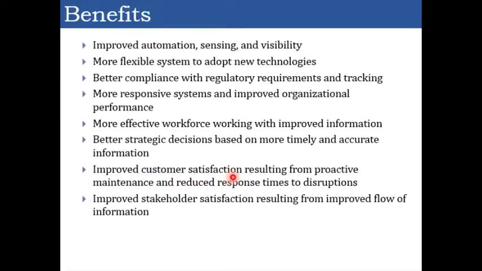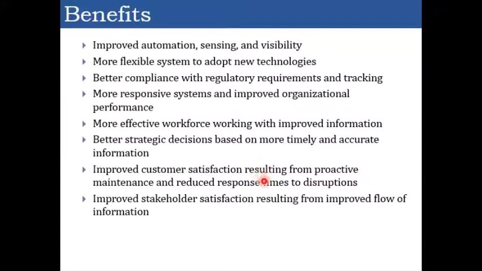Improved customer satisfaction resulting from proactive maintenance and reduced response time to disruptions, because when there is a fault in the field and this information travels from OT to IT, IT meaning the CRM, customer relationship management system, CRM can immediately send alerts to the users that there is a fault, and this is the expected duration for clearing the fault.